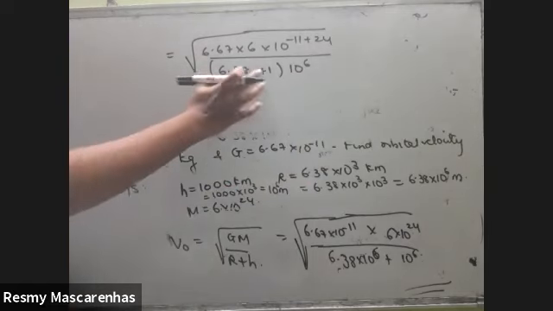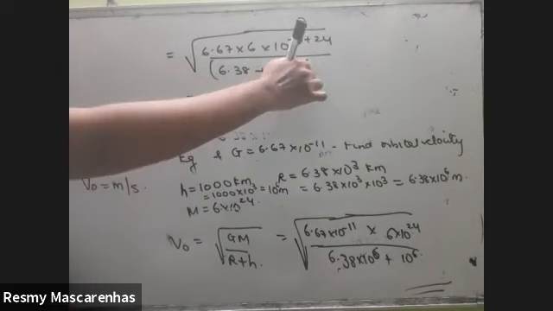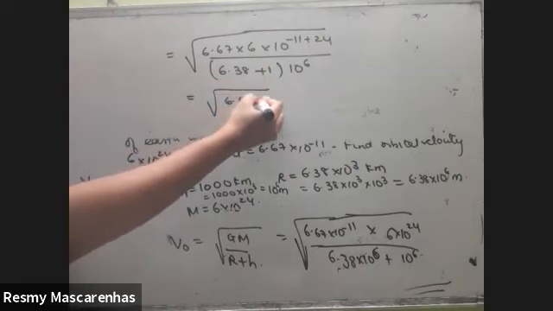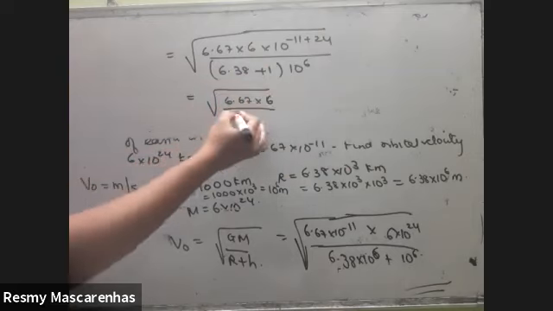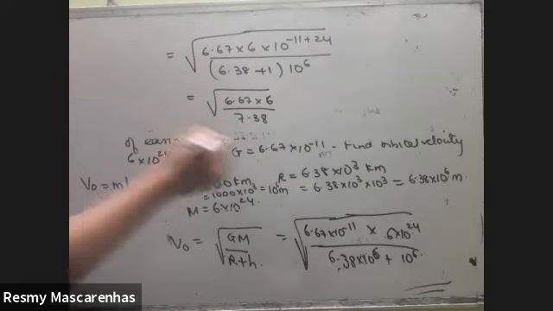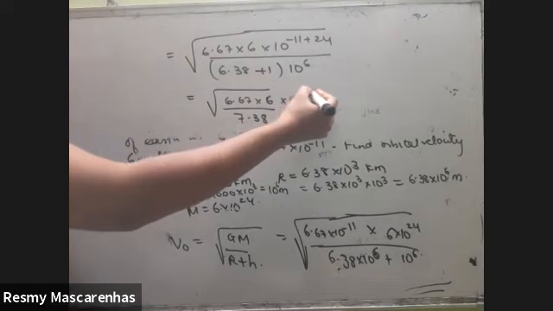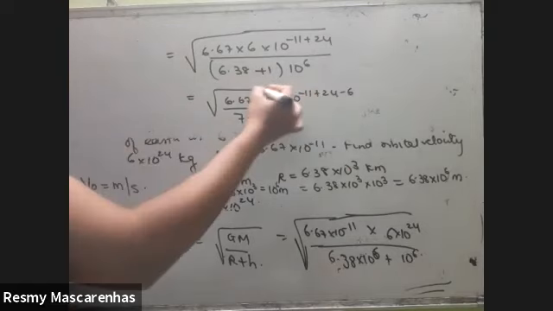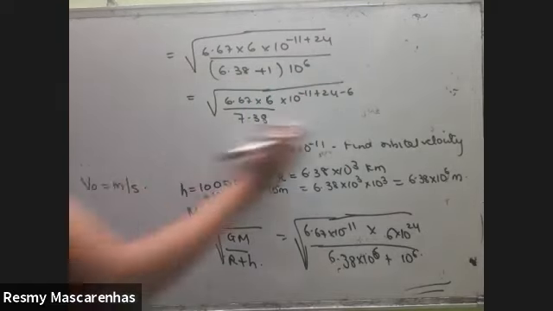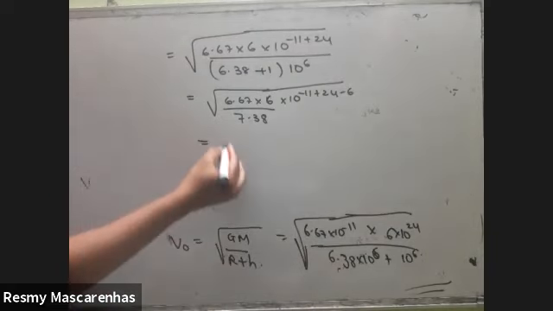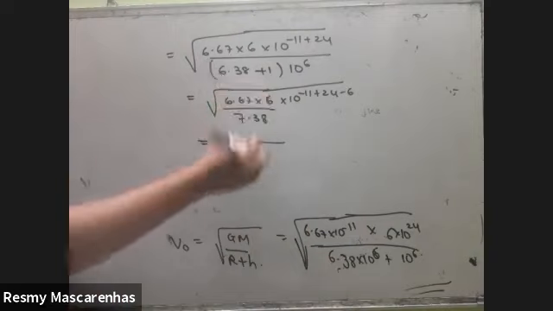And then you will get this as 7.38, and this will go up. Two decimals you can shift both the places.